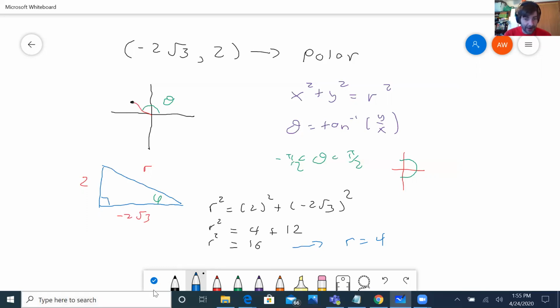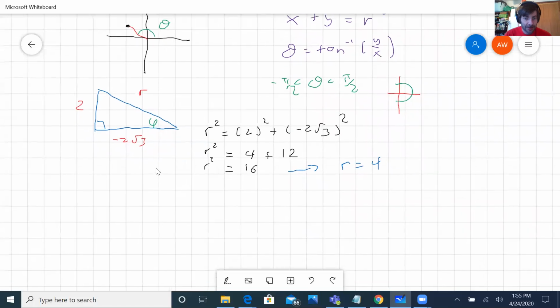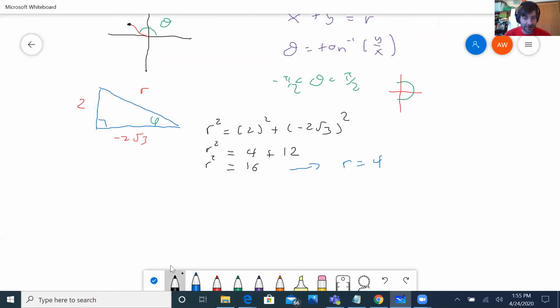Okay, I can also see, looking at this triangle, the tangent of my phi, I'm calling it, is 2 over -2√3, well, again, I'm really going to think about it as positive. And that's going to mean my phi is pi over 6.